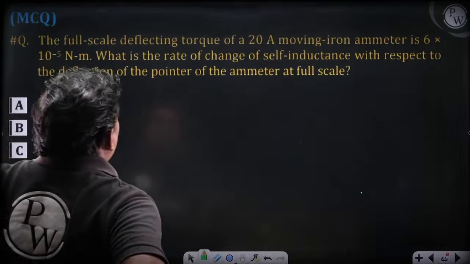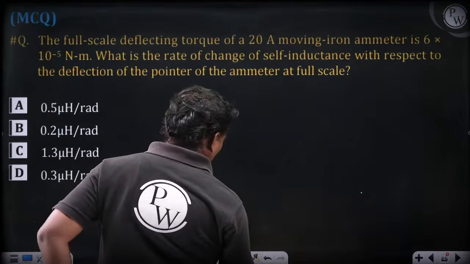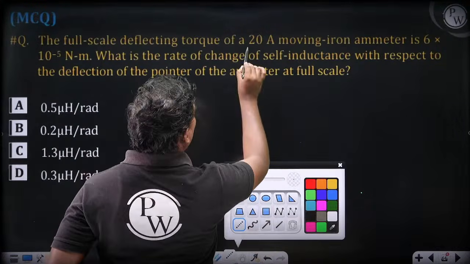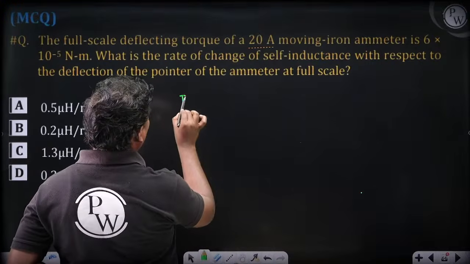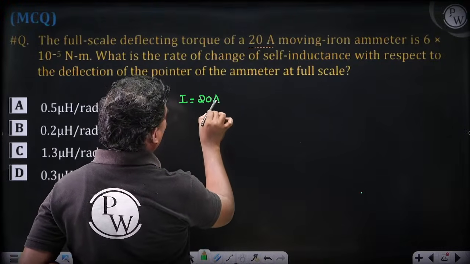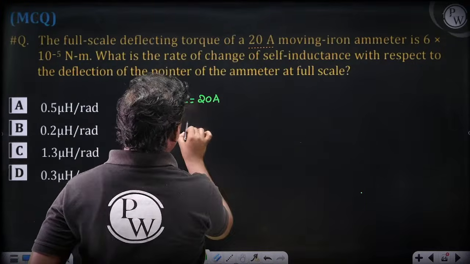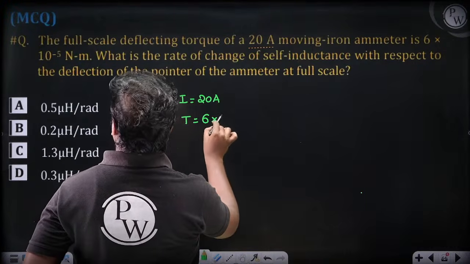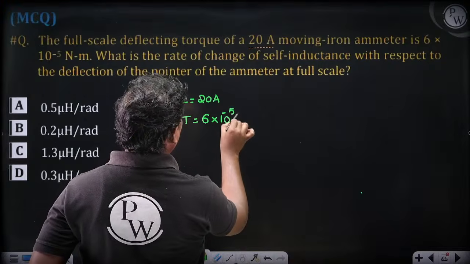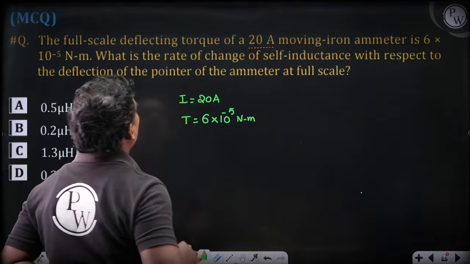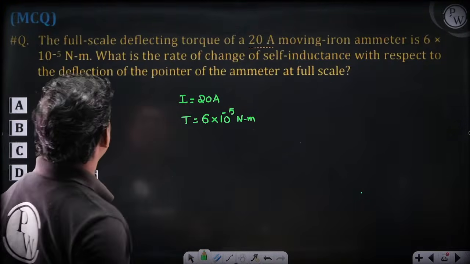The full scale deflecting torque at 20 amperes. So the current I is equal to 20 amperes. For the moving iron ammeter, the torque is given as 6 into 10 power minus 5 Newton meter. What is the rate of change of self-inductance with respect to deflection?